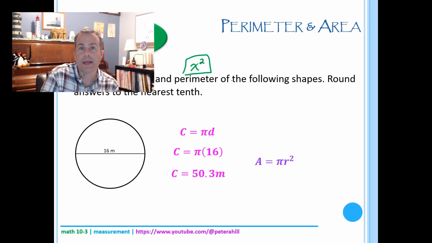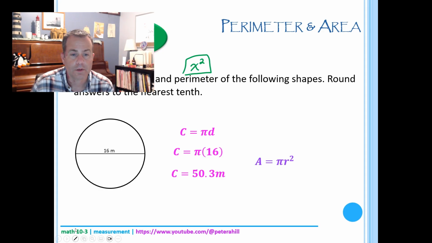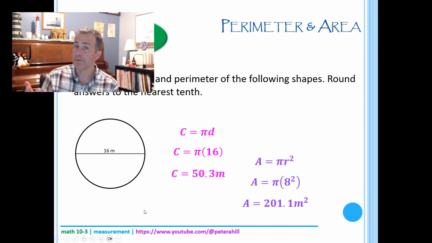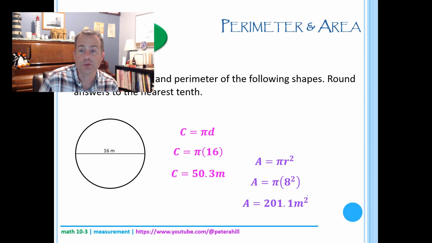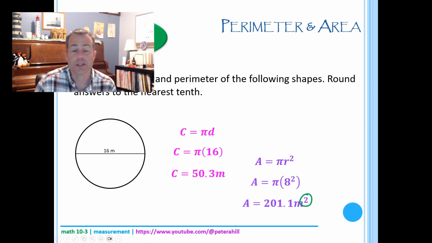So you would go pi times 8 and then press that button. That should give you, if you've got it in your calculator properly, 201.1 meters squared. Now, when you're doing this, just don't forget that your units have to be squared when you're talking about area, because area is in 2 dimensions.